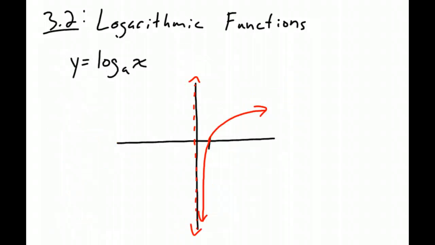Your parent function of your log graph, as long as a is bigger than 1, as long as you have a base bigger than 1, looks exactly like this. It will cross at the point (1, 0), and it will go up and to the right. You also have a vertical asymptote at x equals 0.